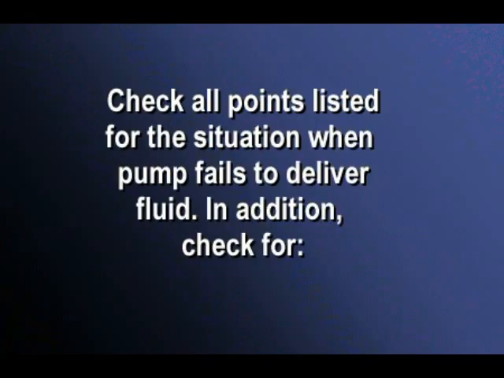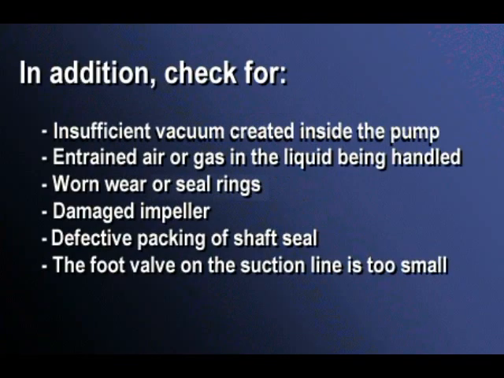In addition, check for insufficient vacuum created inside the pump, entrained air or gas in the liquid being handled, worn wearing or seal rings, damaged impeller, defective packing of the shaft seal.